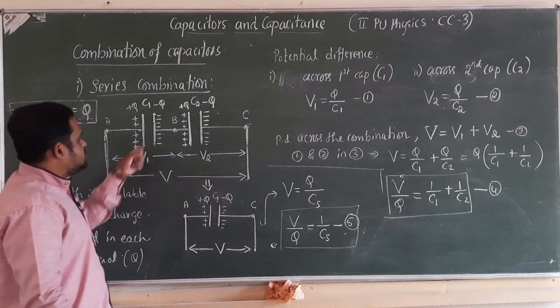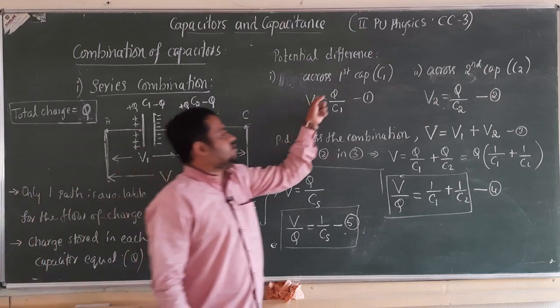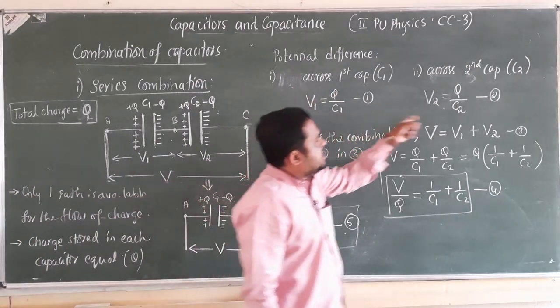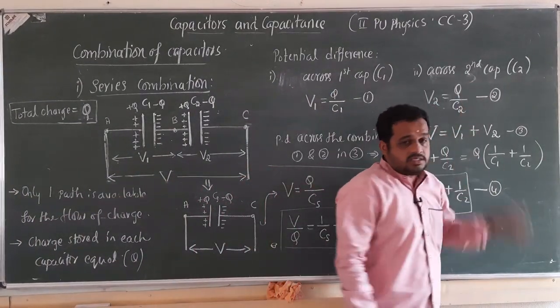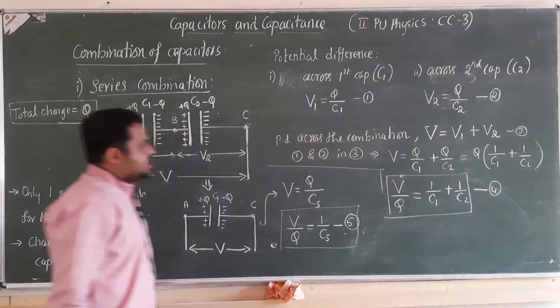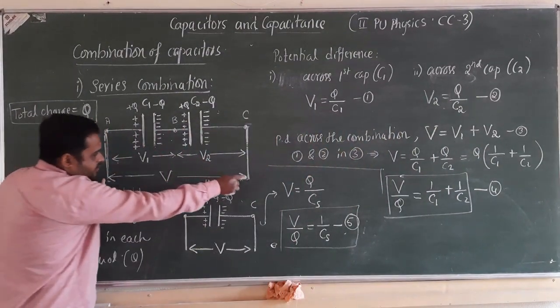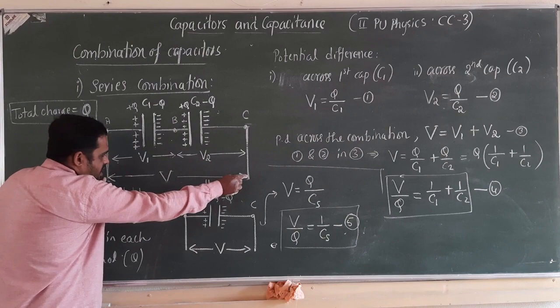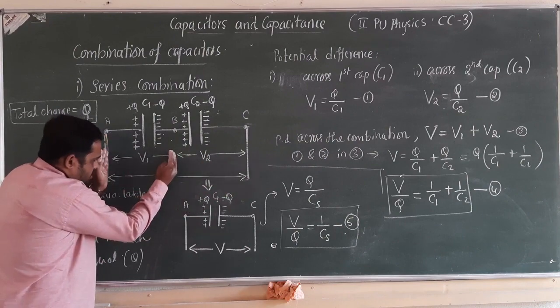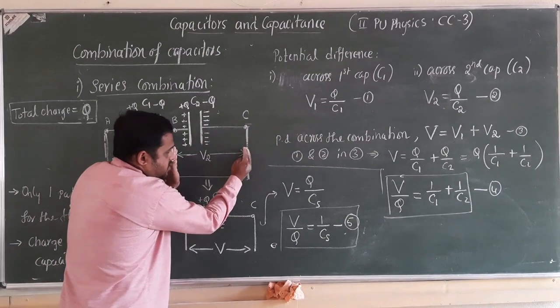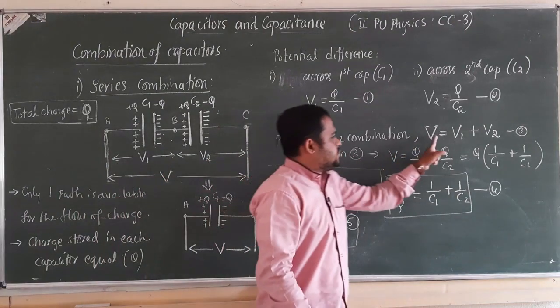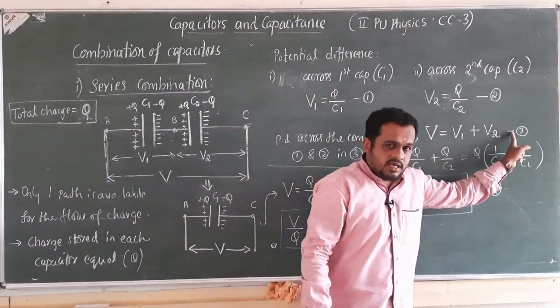So, potential difference across the first capacitor V1 is equal to Q divided by C1, potential difference across the second capacitor V2 is Q divided by C2. Next, total potential difference across the combination V is equal to V1 plus V2.